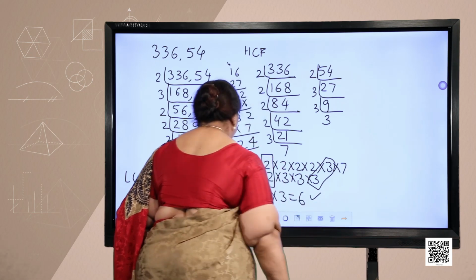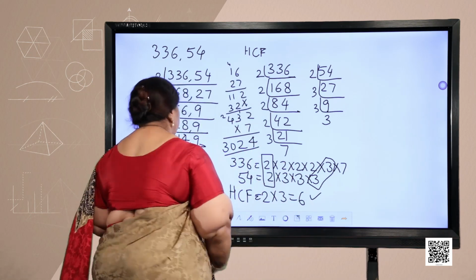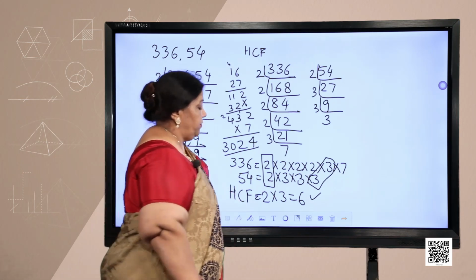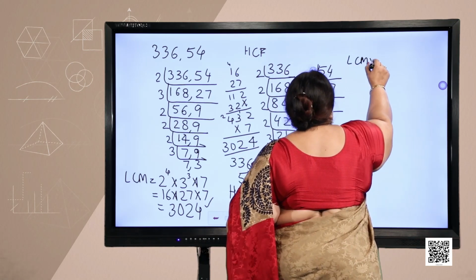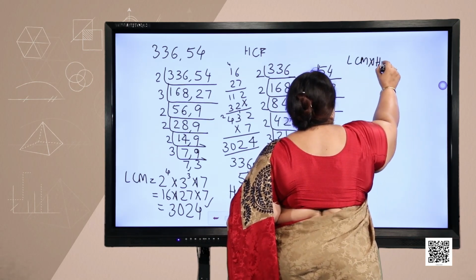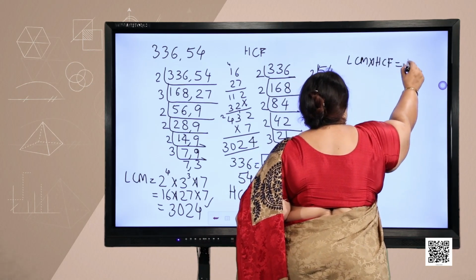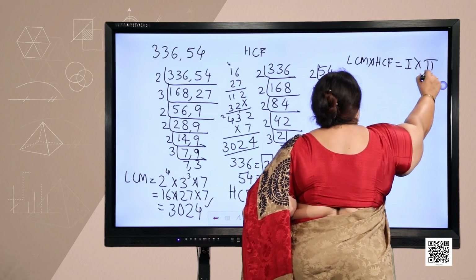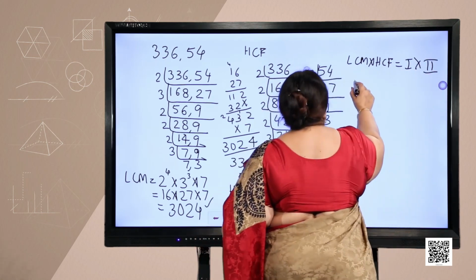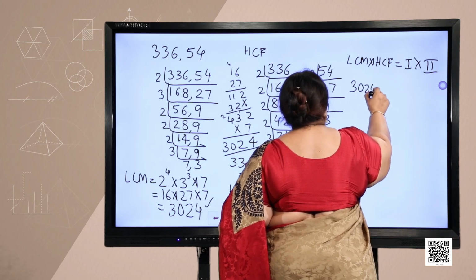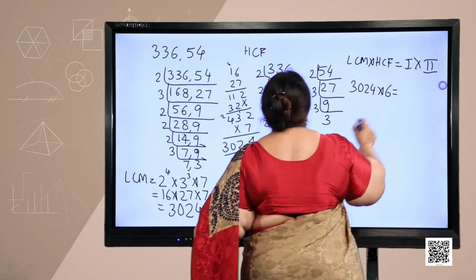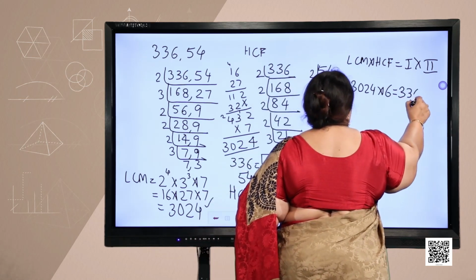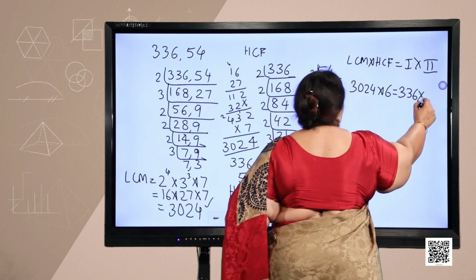So, our HCF is 6 and LCM is 3024. Let us verify the result. What is that result? LCM into HCF is equal to product of two numbers. 3024 multiplied by 6 should be equal to 336 multiplied by 54.